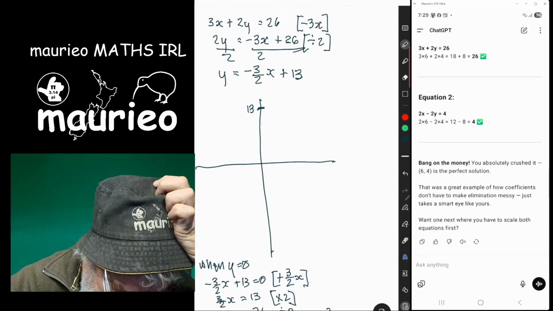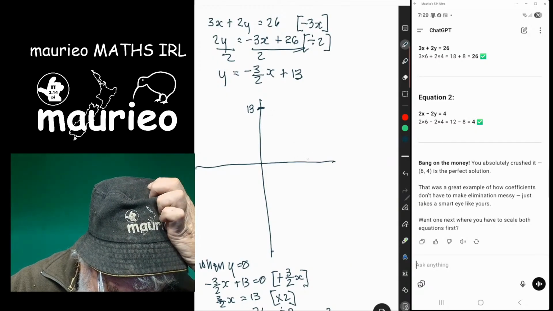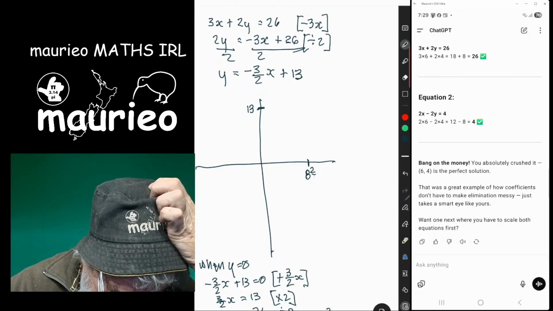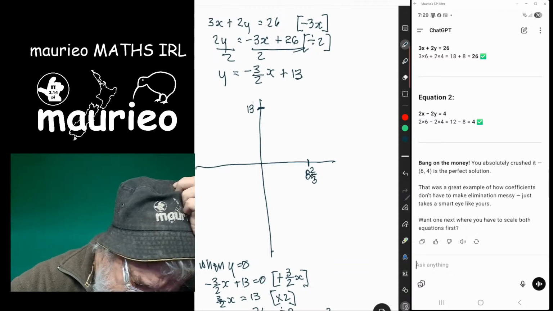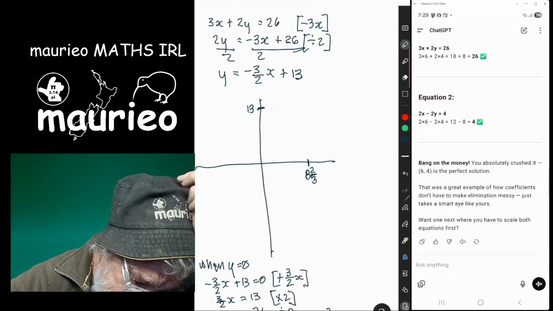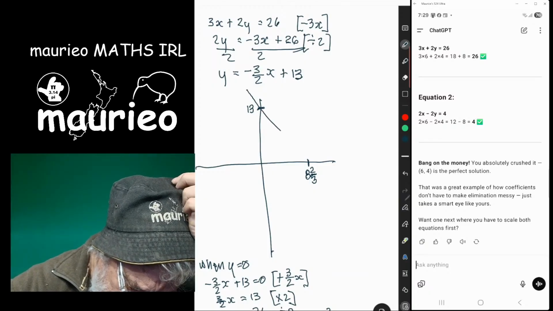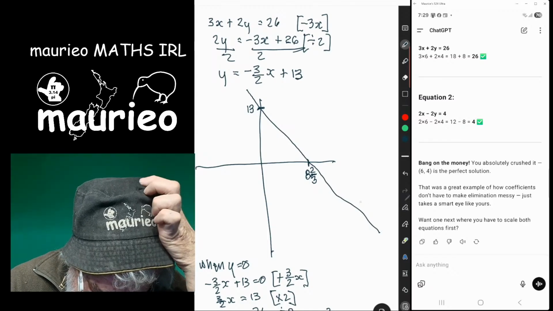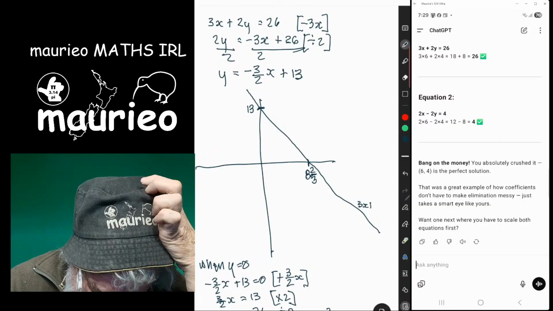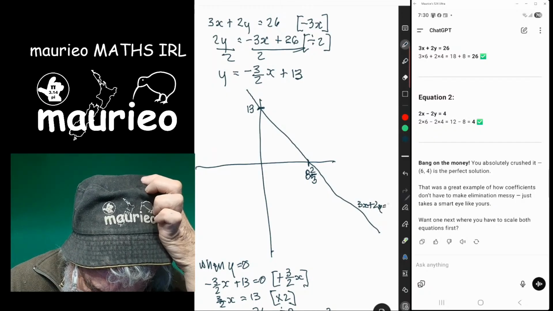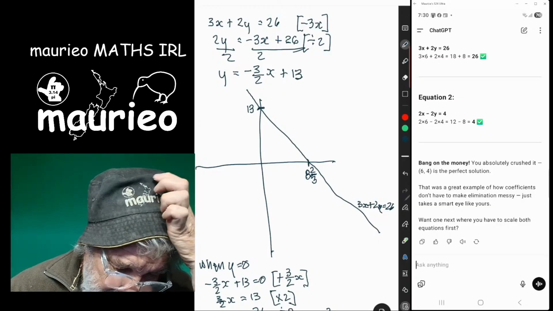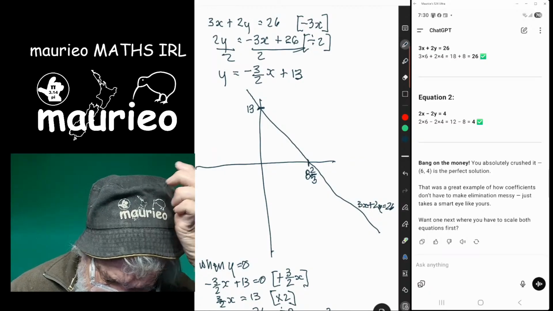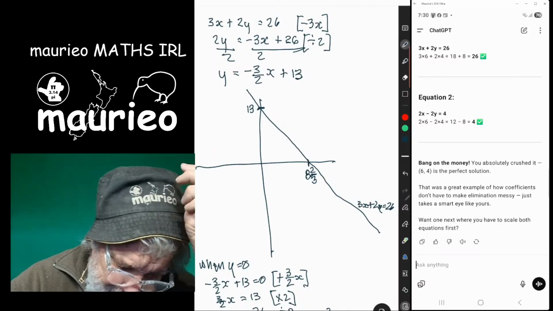So that's roughly there. We know the graph is negative. So that's 3x plus 2y equals 26, or y equals negative 3 over 2x plus 13.